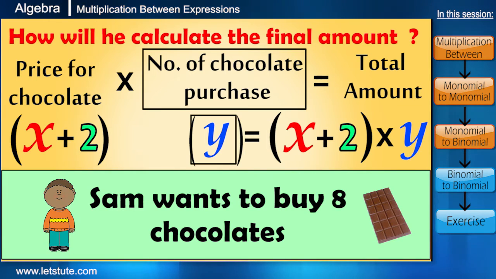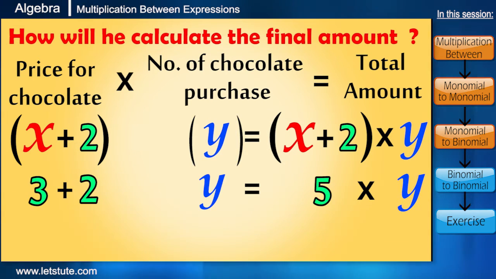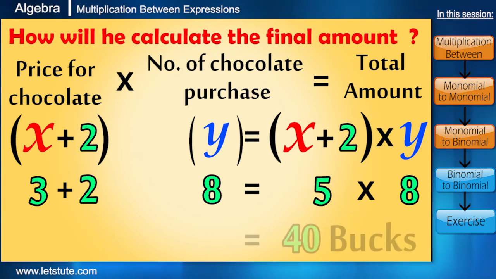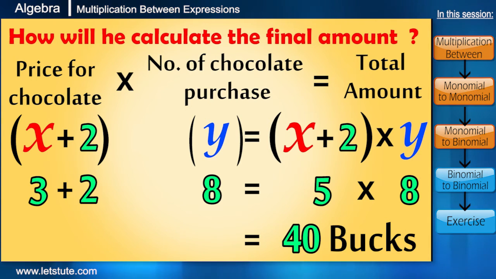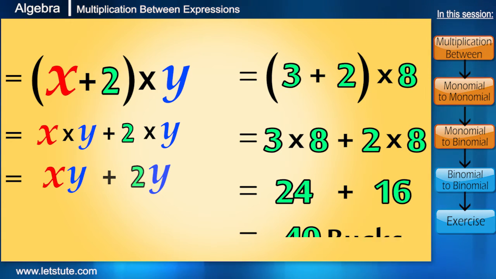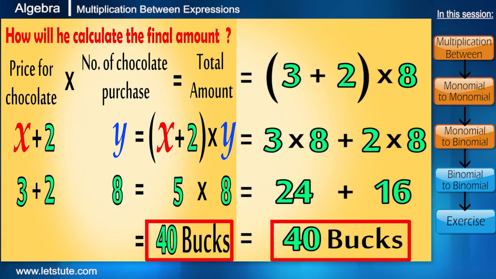And let's say Sam wants to buy 8 chocolates. Then the total payable amount is 8 multiplied by 5, that is equal to 40 bucks. Now let's solve this by this pattern and check if we can get the same answer. We have got the same answer.